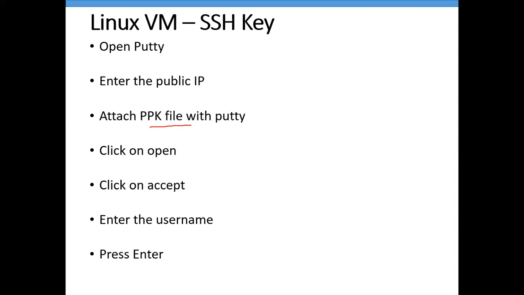Actually, while downloading the PEM file, my local machine is not asking where to download. It directly takes me to Chrome downloads. So that's my setting in the system. Downloading directly in the download folder doesn't make any difference.